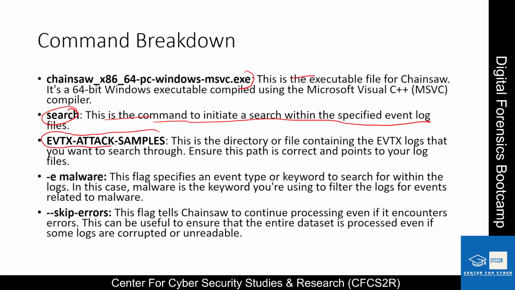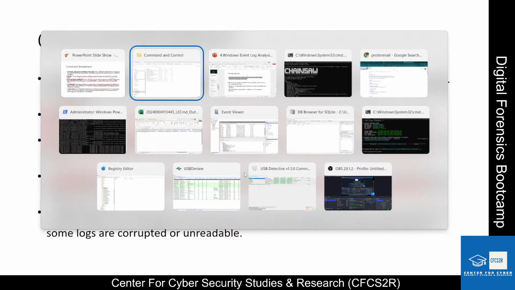EVTX attack sample is the directory containing the event logs, so my logs are available in this particular directory. -e malware means this flag specifies an event type or keyword to search for within the logs. In this case malware is the keyword you are using to filter the logs, so we are searching for the malware keyword. Skip errors means if Chainsaw generates some processing errors, these can be skipped.